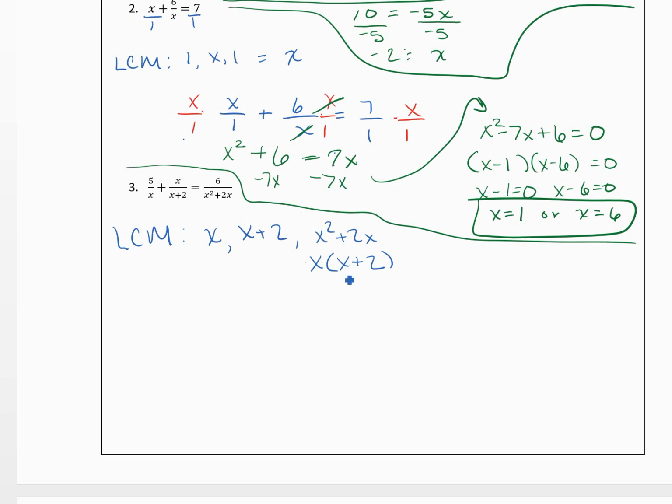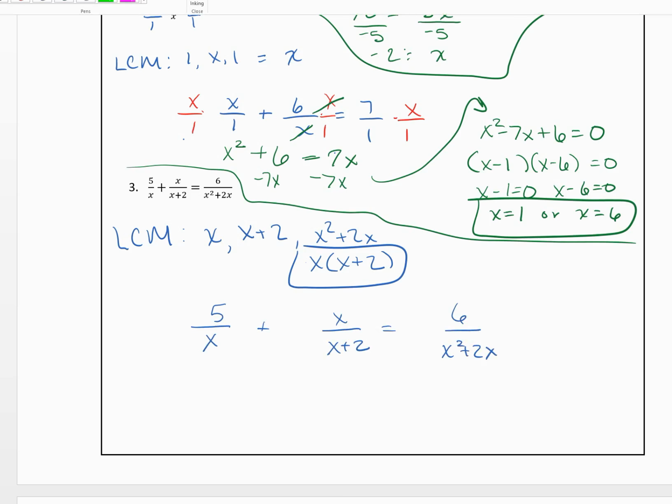So our least common multiple is going to be x times x plus 2. And we are going to multiply through by x times x plus 2 over 1.